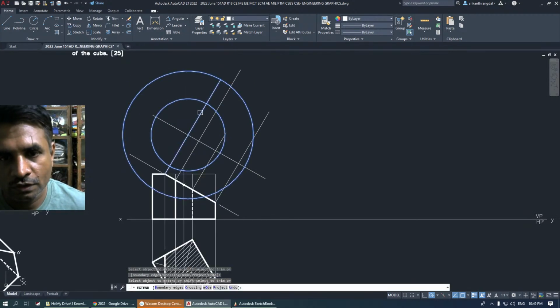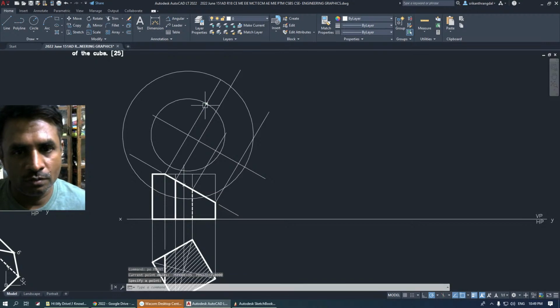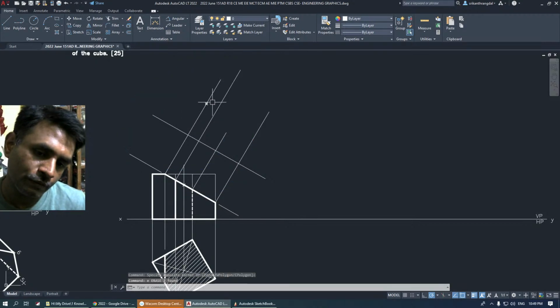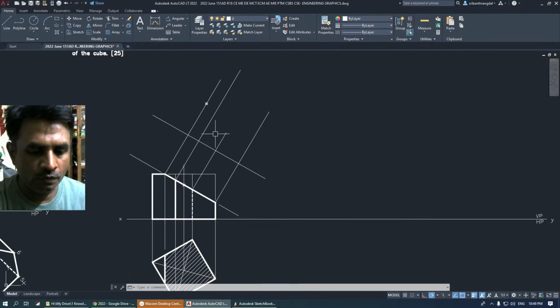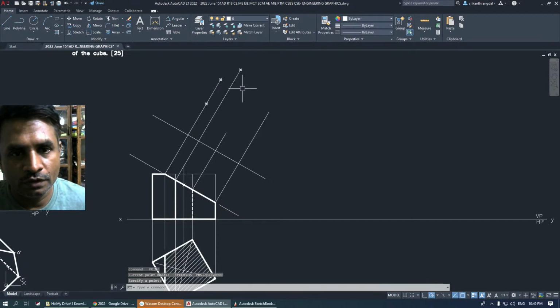We extend this point here. Right. So the true shape is the intersection of all these points. Start here.